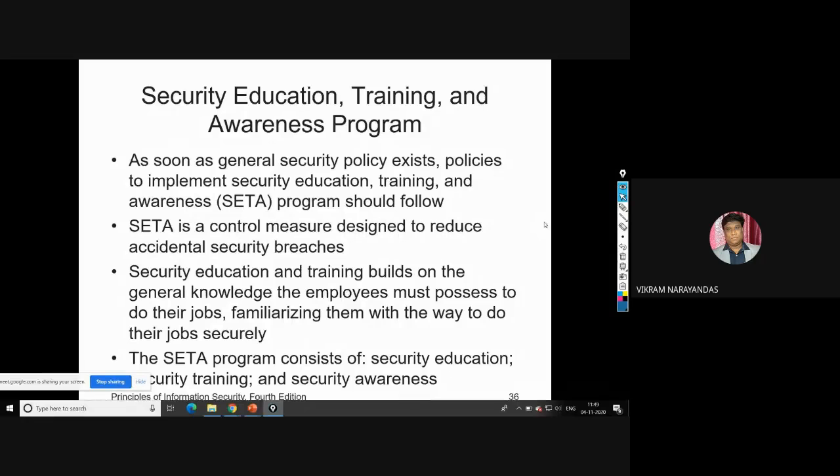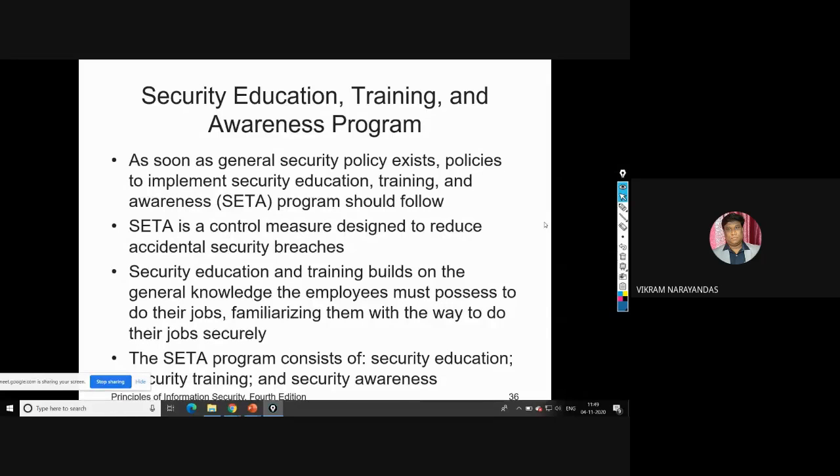This is a control measure designed to reduce accidental security breaches and security threats. Security education and training generally builds on the general knowledge that employees must possess to do their jobs securely in the organization.